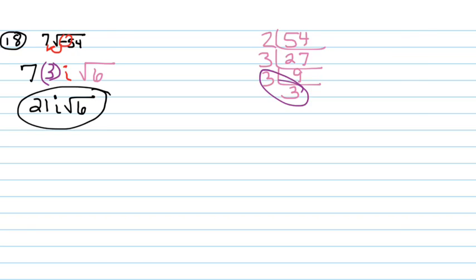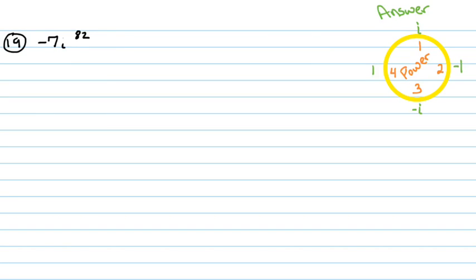The next couple, these are going to be dealing with simplifying i to a power. So when we're trying to figure out what i to the power represents, that's when I use that circle. And I can keep going around the circle and count by 4s and figure out where it is. Or I can divide my power.